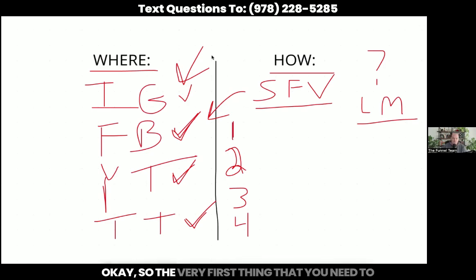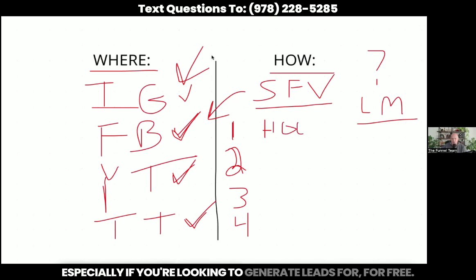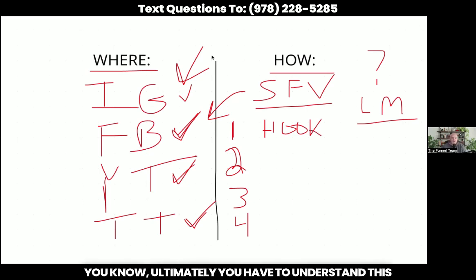Okay. So the very first thing that you need to really nail when it comes to short form videos, and especially if you're looking to generate leads for free, ultimately you have to understand this. If you want to generate leads for free, social media is free, and it's probably the best way.